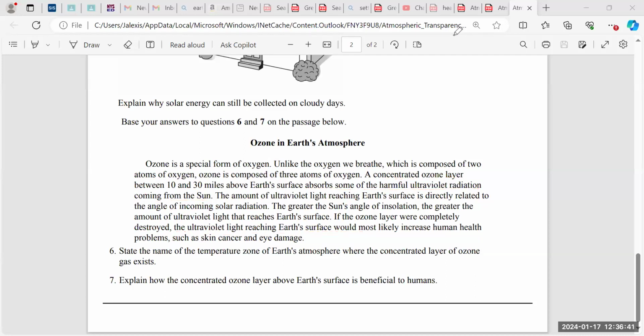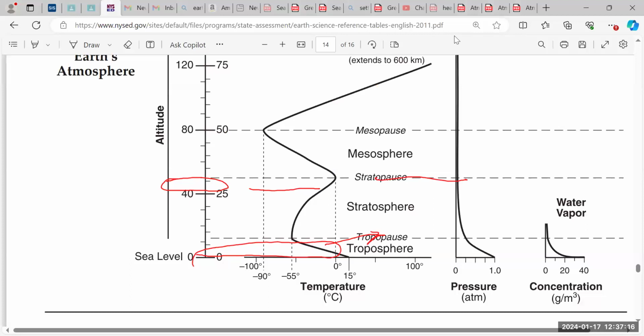Lastly, number 6, it says, state the name of the temperature zone of Earth's atmosphere where the concentrated layer of ozone gas exists. All right. The temperature zone of the Earth's atmosphere, they're also just asking for the layer of the atmosphere. All right. Layer of the atmosphere. They tell us the concentrated ozone layer occurred between 10 and 30 miles above the Earth's surface. Okay. So therefore, when I'm looking at my page 14, right?